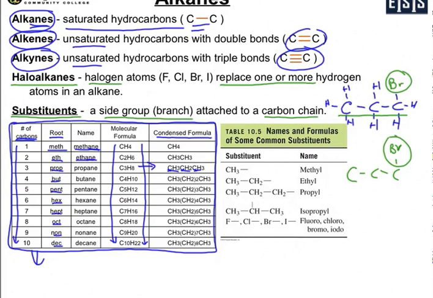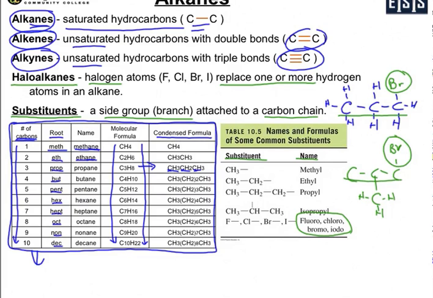And for substituents, we have a table here of the most common substituents. And those are, as I just said, the halogens. But they can also be just more carbons. And so if coming off here I have a carbon, again, if I filled in with hydrogens, there'd be 3 hydrogens.